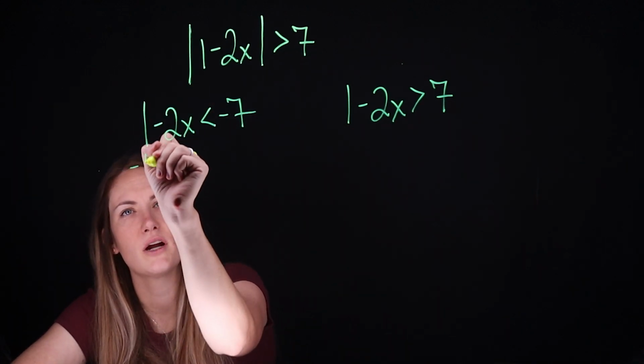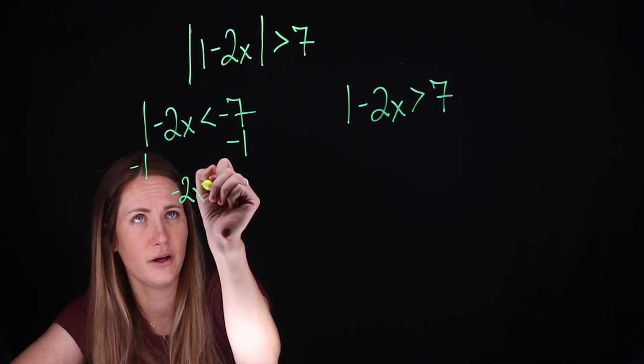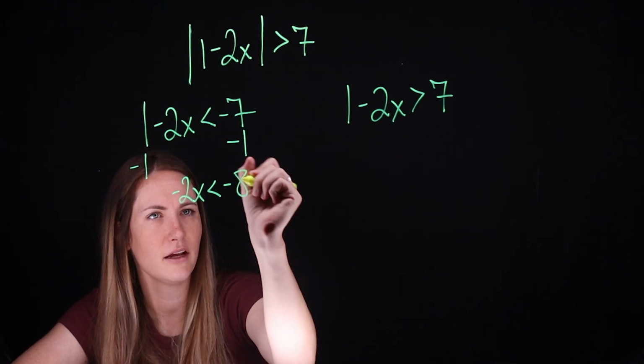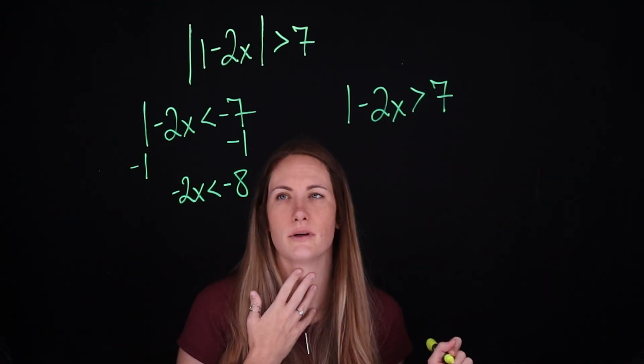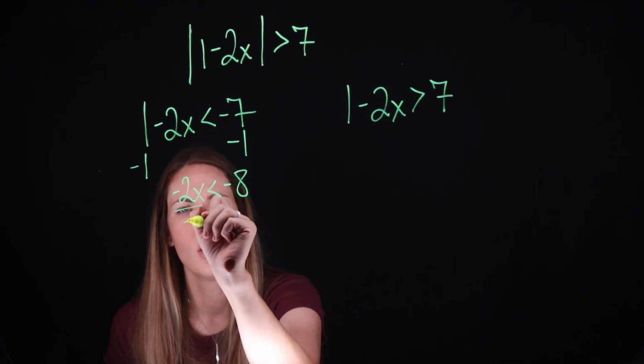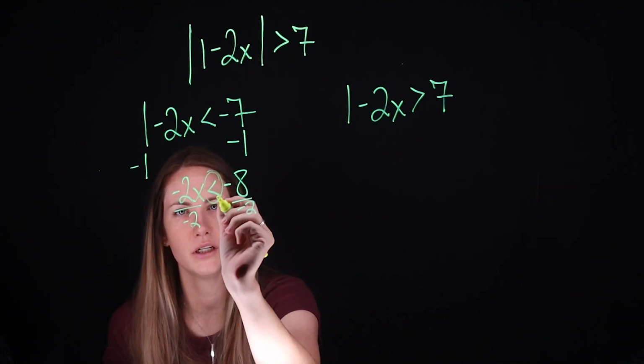Here we need to subtract 1 because it's positive 1. And then I have negative 2x is less than negative 7 subtract 1 is negative 8 because I spent $7 and then I spent 1 more. Here we're going to divide by a negative. Remember, when you divide by a negative, you have to flip your inequality.